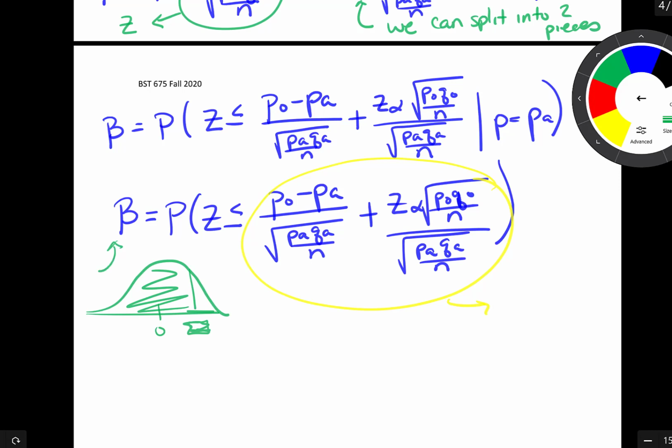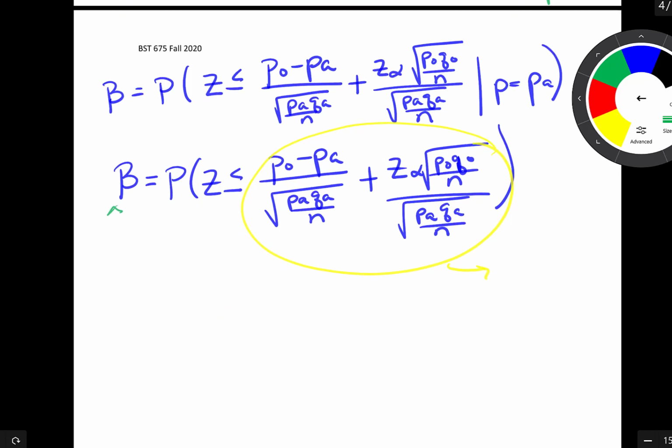So this is an endpoint that we could solve for, and we can just denote it with negative Z beta.